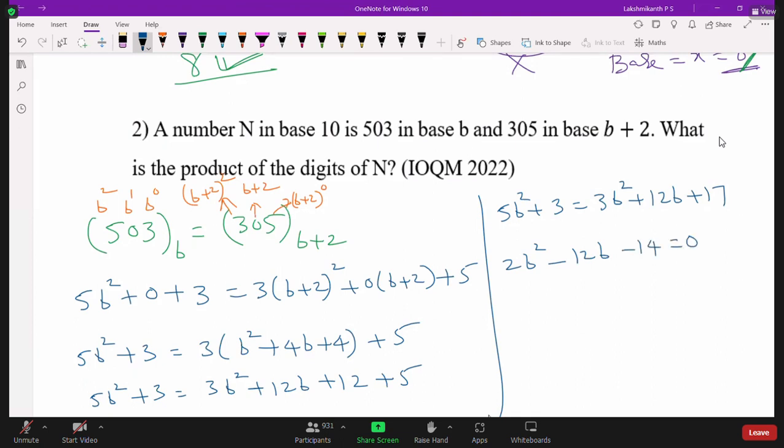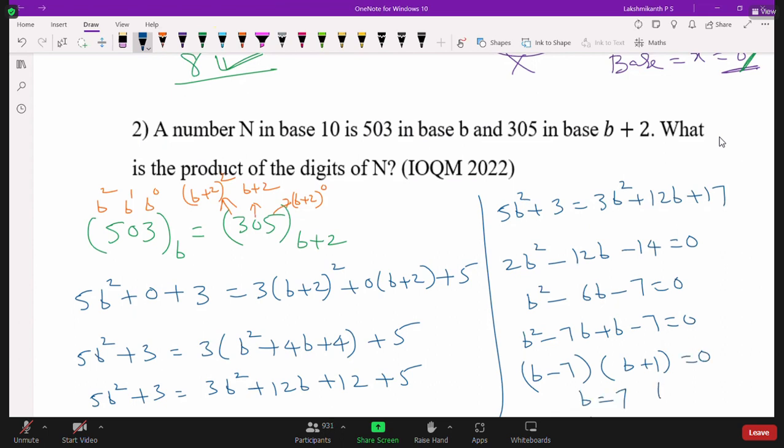Divided by 2, b square minus 6b minus 7 is equal to 0. Now when you factorize this, what will you get? b square minus 7b plus b minus 7 is equal to 0. So you can write this as b minus 7 into b plus 1 is equal to 0. So b is equal to 7 and b is equal to minus 1.